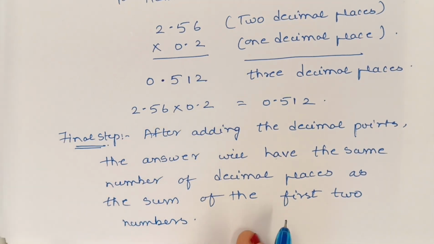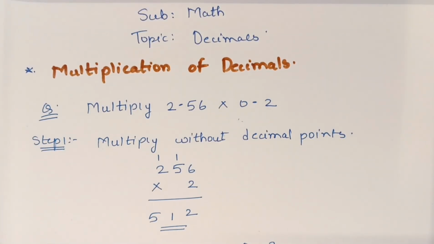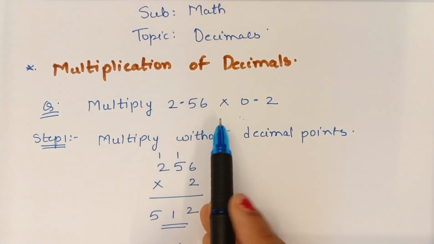So in this way, we have learned how to multiply two decimal numbers. Now understand the concept.